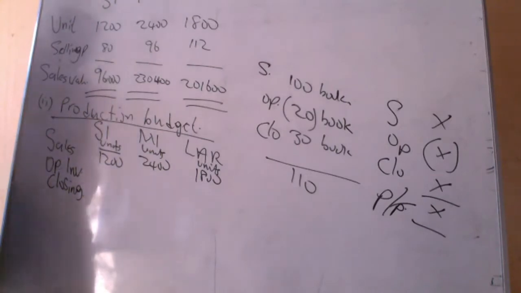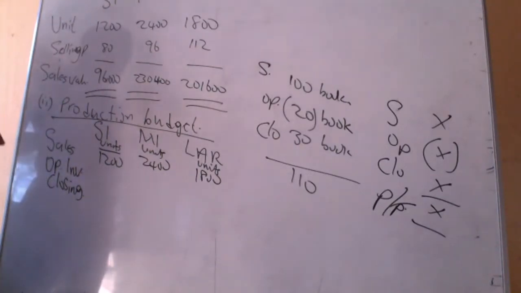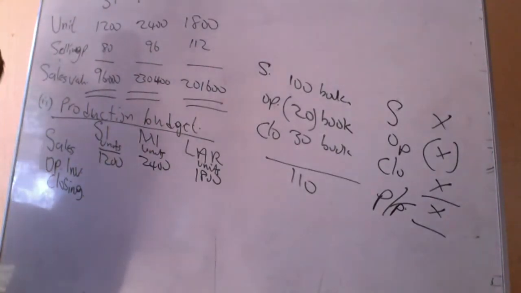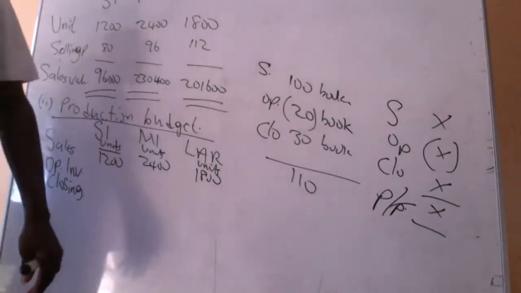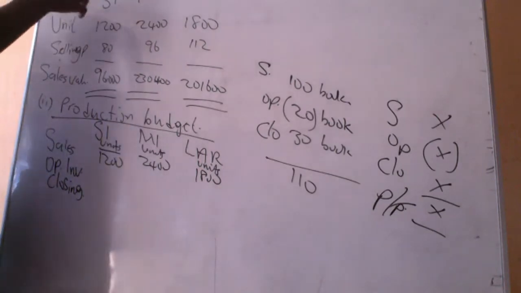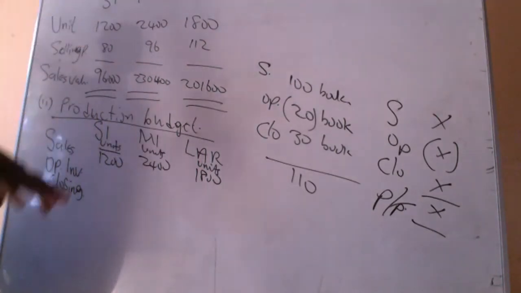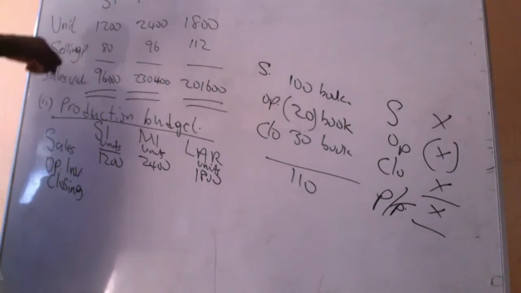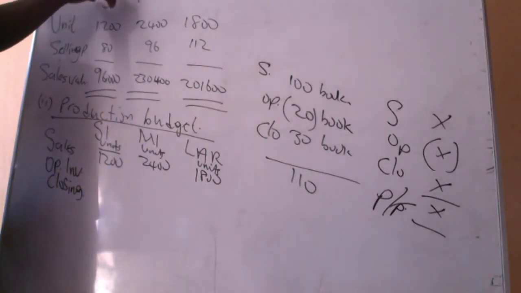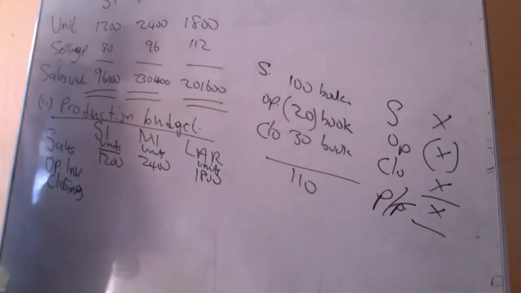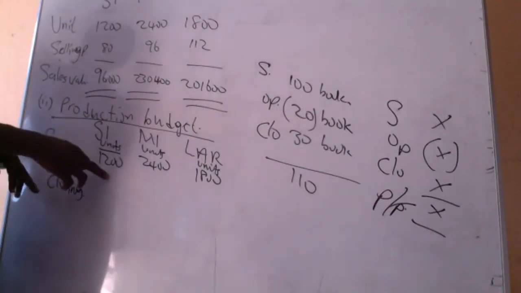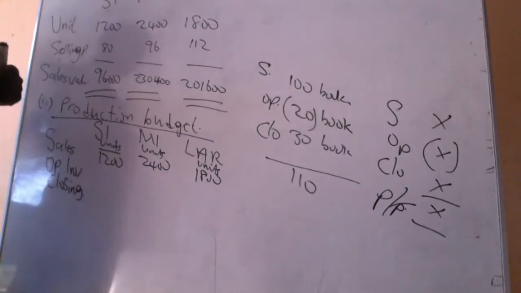Now let's go to the open inventory. Now they'll give it to you. So pick the open inventory of finished goods. That's SI. But the bad news is that we are going to mix it with the raw material. So take note so that you don't go and pick open inventory of raw material. Pick the finished goods.